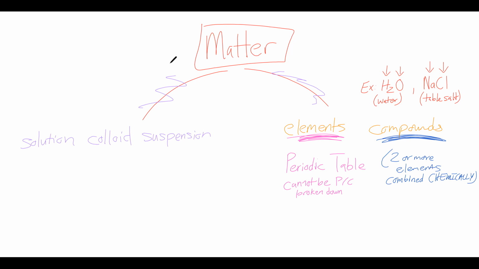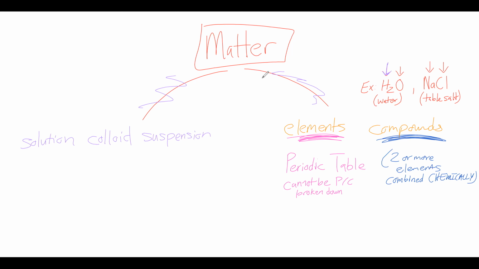Now, when you have a compound, which is two or more elements put together, let's look at these two that we have. H2O and NaCl. Those are very different. The properties for that, chemically and physically, are very, very different than those individual elements. So for example, when I'm looking at H2O, hydrogen is a gas.